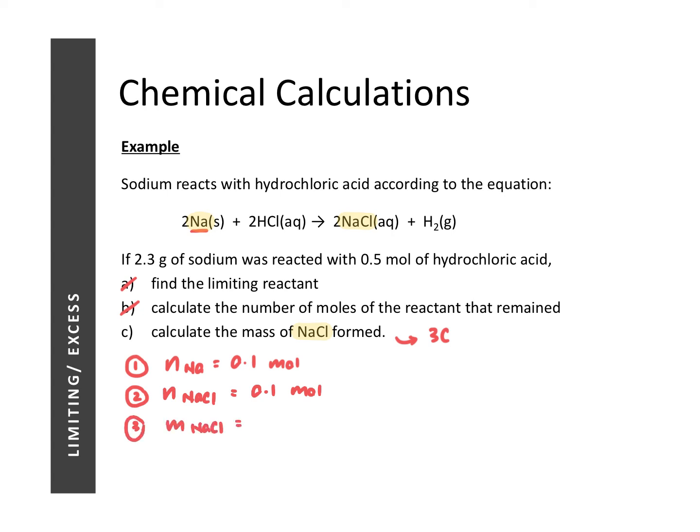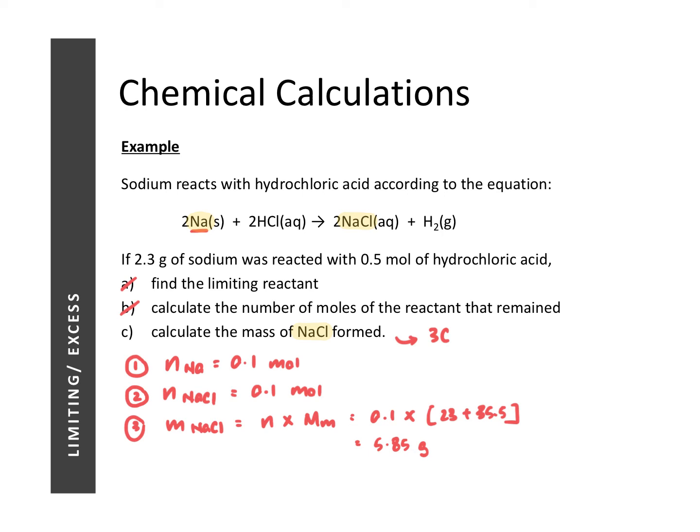We have learned earlier that when we are given number of moles, we can multiply that by the molar mass to find the mass. So in this case, it would be 5.85 grams.